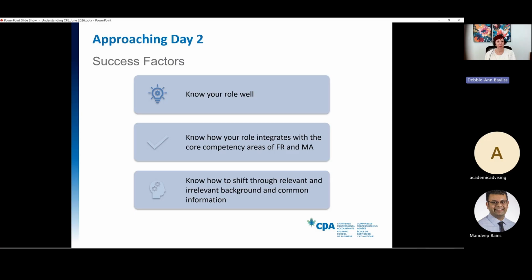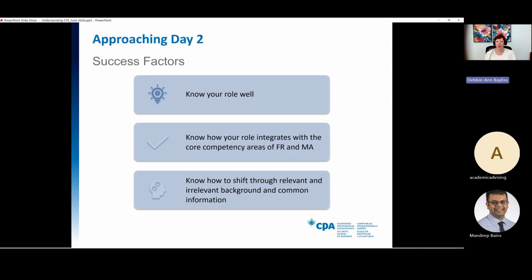In particular, if you're specializing in day two in performance management, there's a very close relationship between performance management and management accounting. If you're specializing in audit and assurance, there's a very close relationship between audit and assurance and financial reporting.